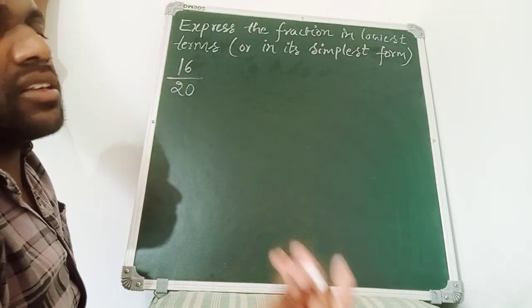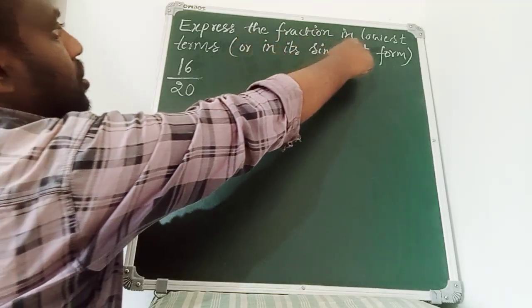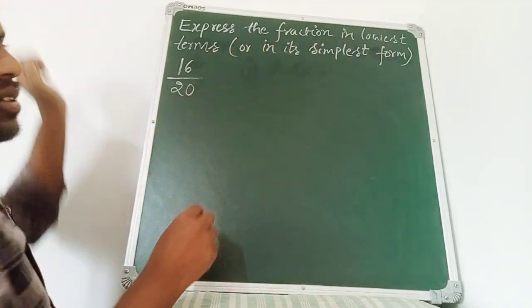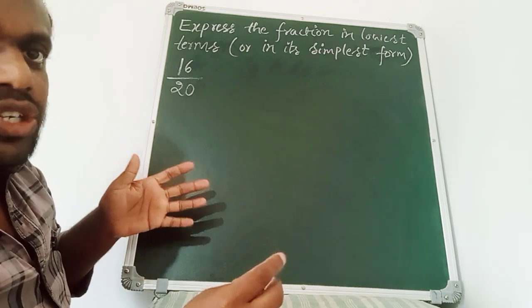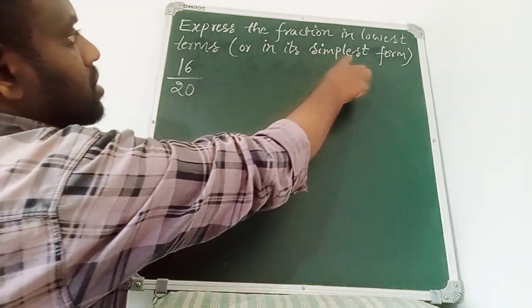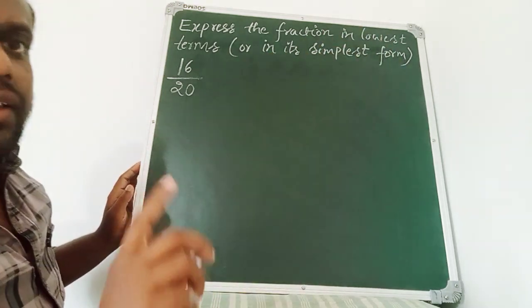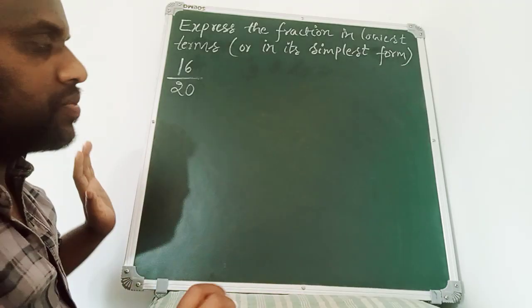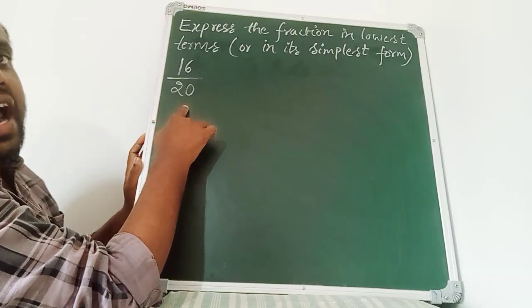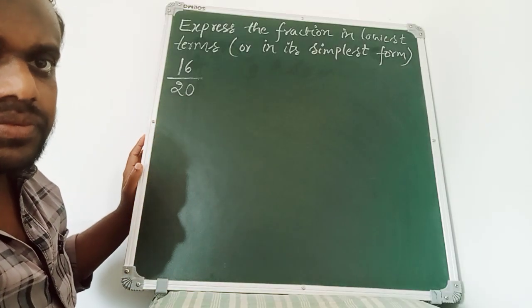Sometimes they may ask to express the fraction in lowest terms, and sometimes in its simplest form. When they ask questions like this, both are the same. Remember. Now, this is a fraction they have given.